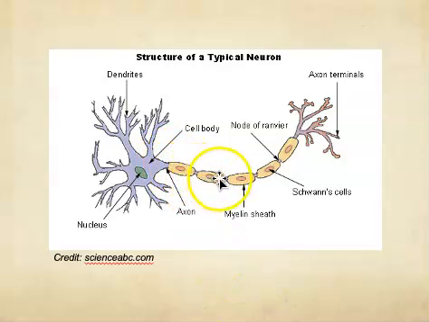Think about the axon like an electrical cord. The electrical cord that's attached to your television carries electricity from the wall to the television, and it travels along that cord underneath a plastic coating. Inside that television cord, there are wires.